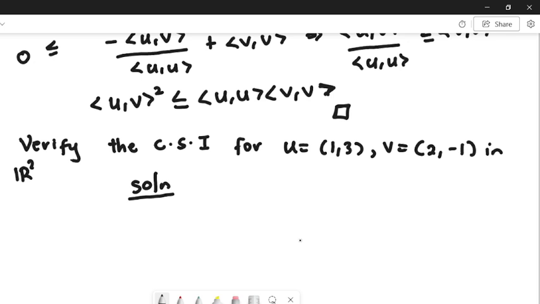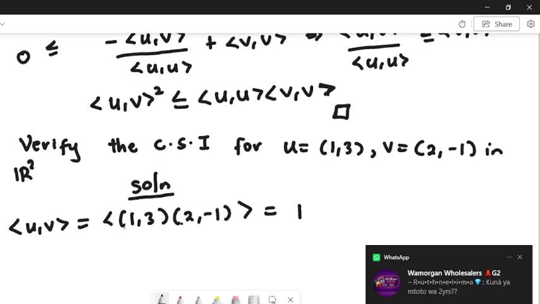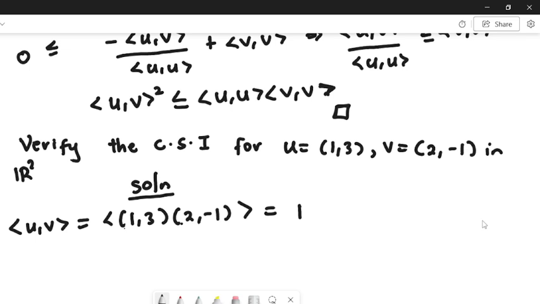If you are asked to verify, it means you are supposed to prove that these two vectors fulfill this condition. So your first step will be to get the inner product of u and v. 1, 3, and 2, negative 1. So you multiply 1 by 2, and then you add, the same way we do for inner product. 1 times 2 plus 3 times negative 1, which gives us negative 1.